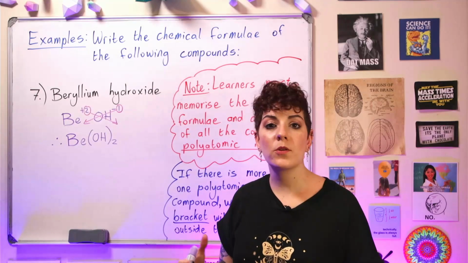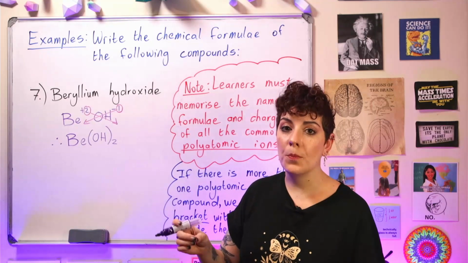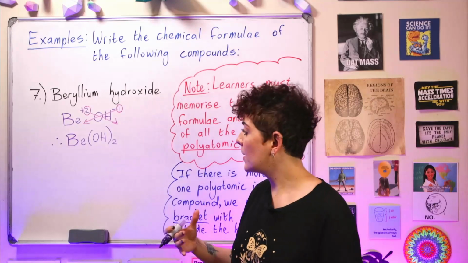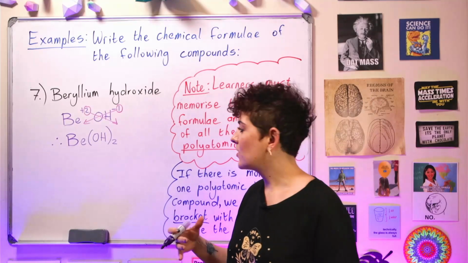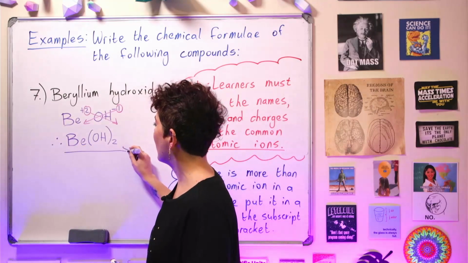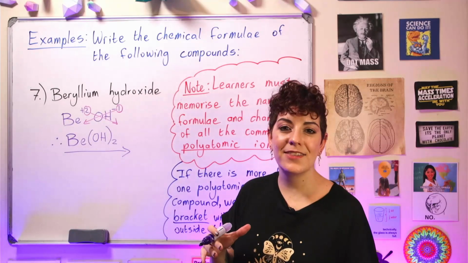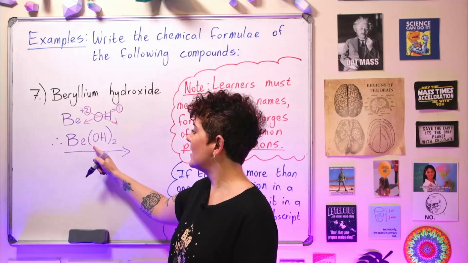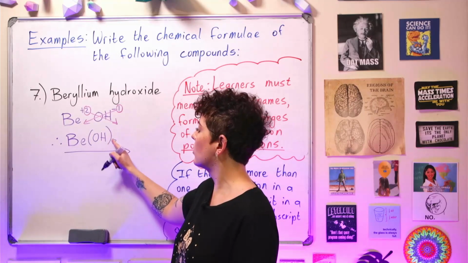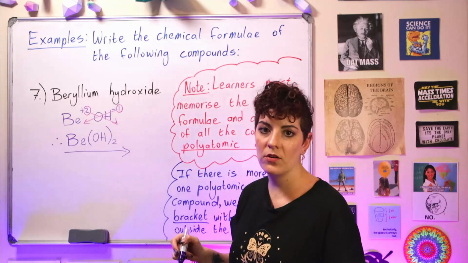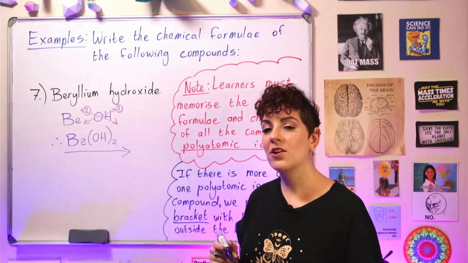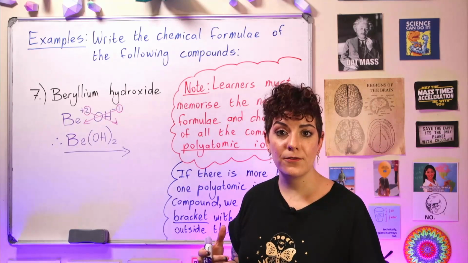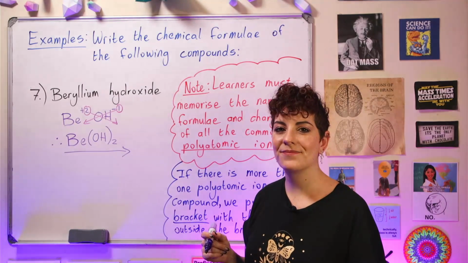So when there's more than one polyatomic ion, you put it in a bracket with the subscript on the outside. So the final formula of beryllium hydroxide containing the polyatomic hydroxide ion is Be in a bracket, OH close bracket 2. Okay. So now let's take a look at another example that involves a polyatomic ion.